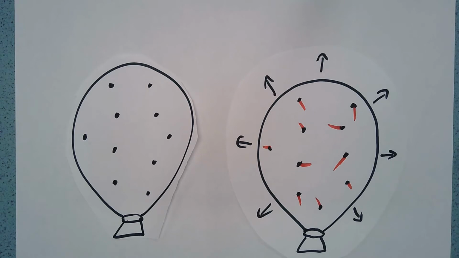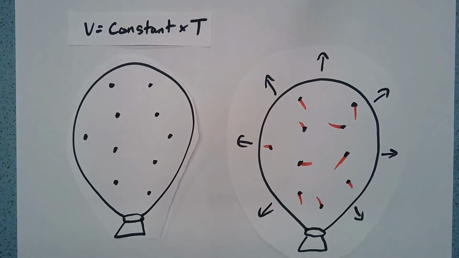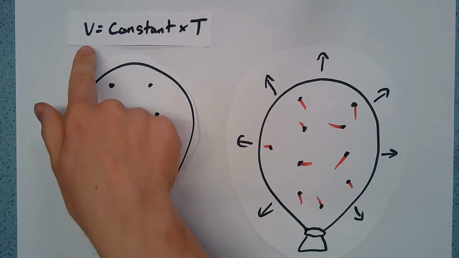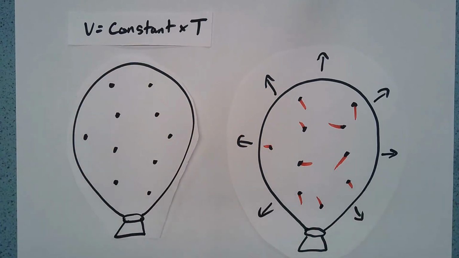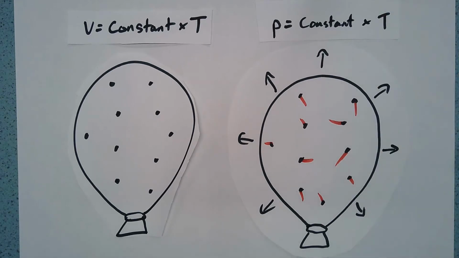He was able to come up with something which in this form is recognisable as Charles' law, which is that if you keep the pressure constant, you end up with a volume equalling some sort of constant number times the temperature, and also because pressure and volume are related by Boyle's law, we can also write that if we keep a constant volume, then the pressure is equal to a constant multiplied by the temperature.